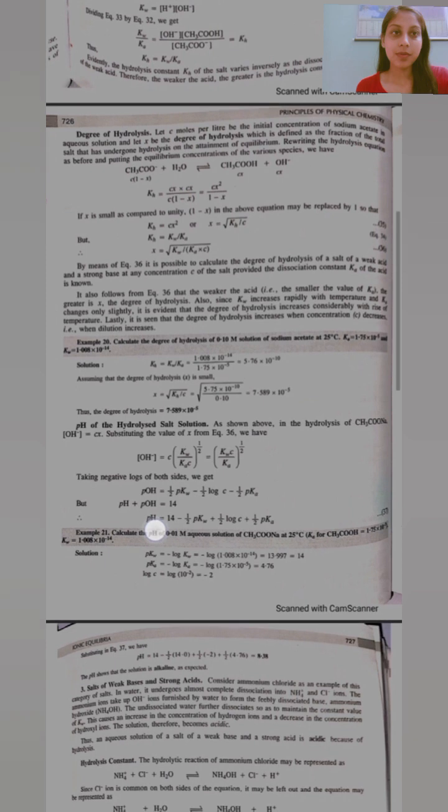By means of equation 6, it is possible to calculate the degree of hydrolysis of a salt of a weak acid and a strong base at any concentration C of the salt, provided the dissociation constant Ka of the acid is known. It also follows from this equation that the weaker the acid, that is, the smaller the value of Ka, the greater is X, the greater is the hydrolysis.